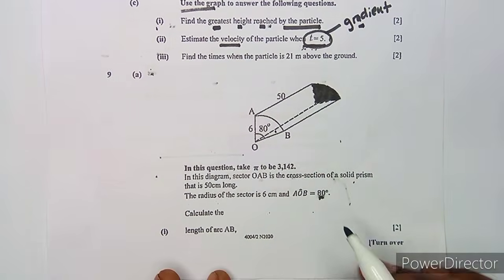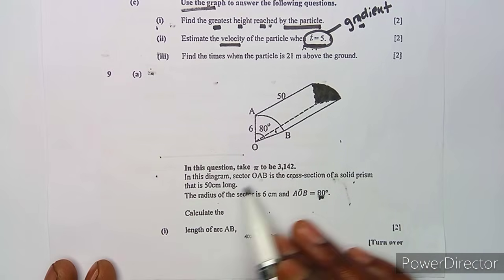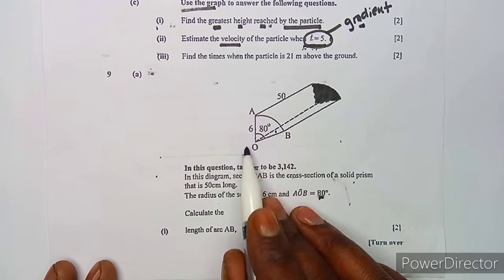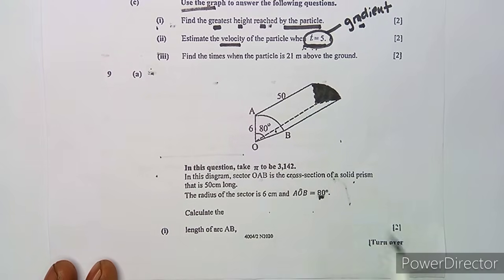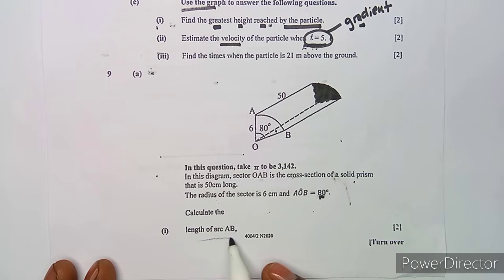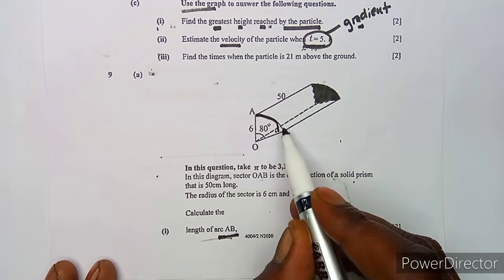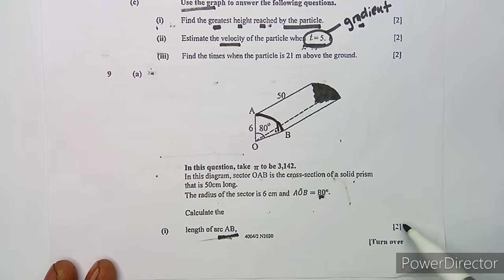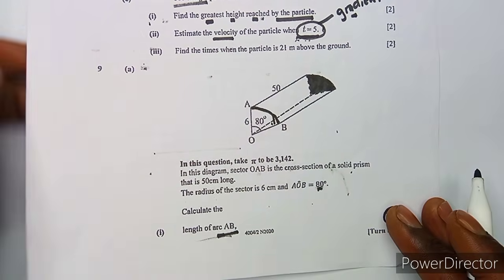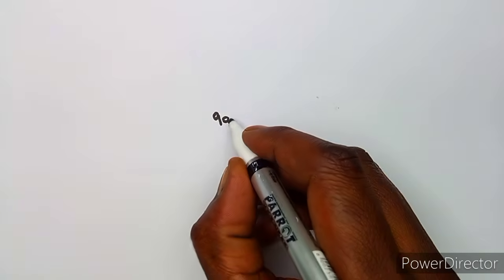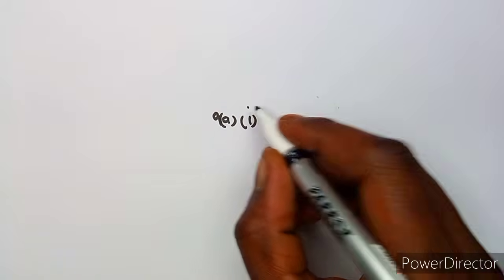Okay, so the question in this case is, we are given a sector AOB with radius 6 centimeters and an angle of 80 degrees. The first question: calculate the length of arc AB. This is the length of arc from this point to this point here. That is your AB. Remember, length of arc is taken from the perimeter of a circle.